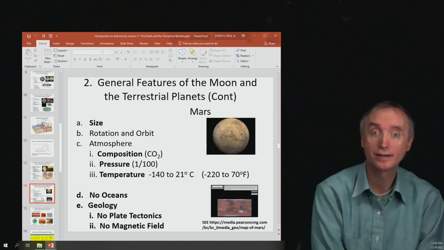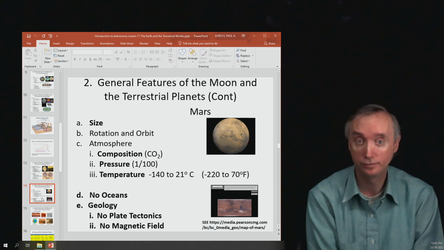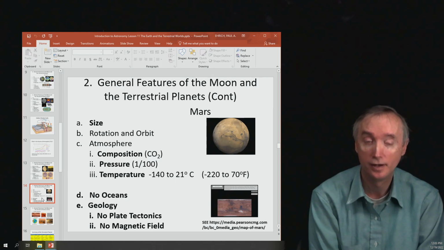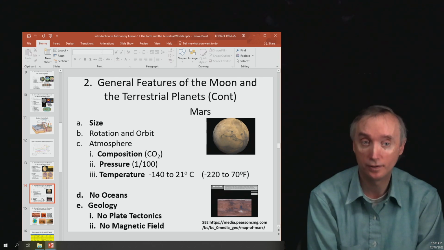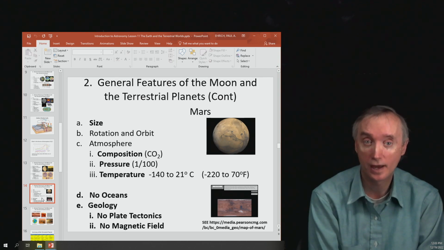And also its magnetic field went away because it cooled off so rapidly. And then the solar wind from the sun blew the atmosphere off the planet.